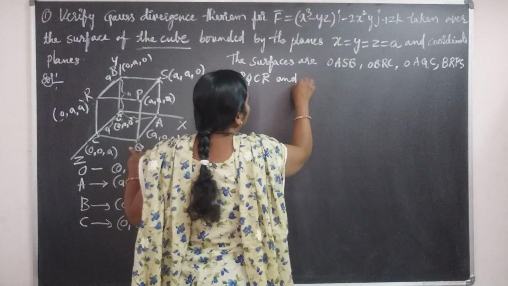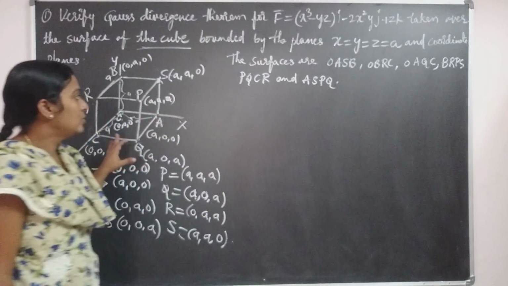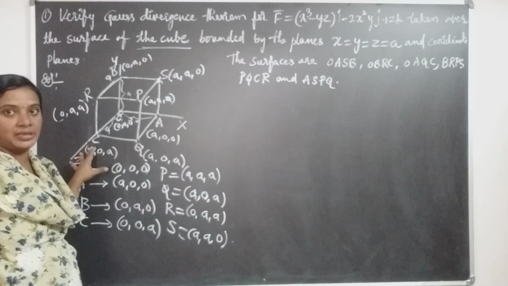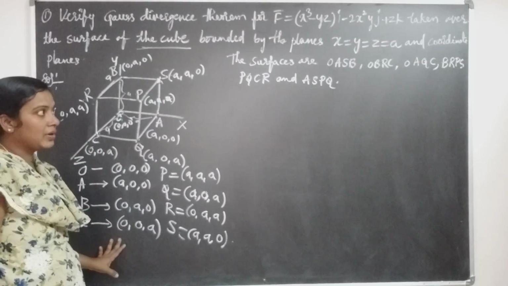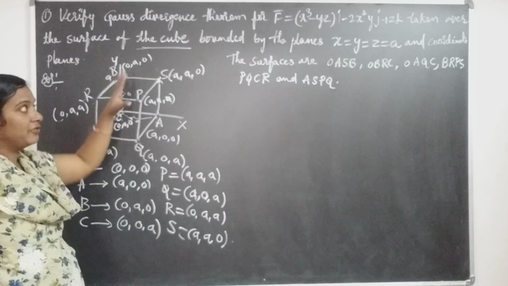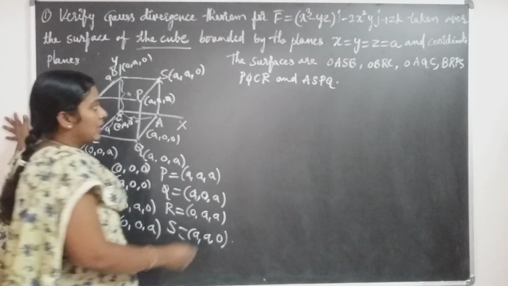The total cube has 6 faces and 8 vertices. By using these, we can find the verification of the Gauss Divergence Theorem.